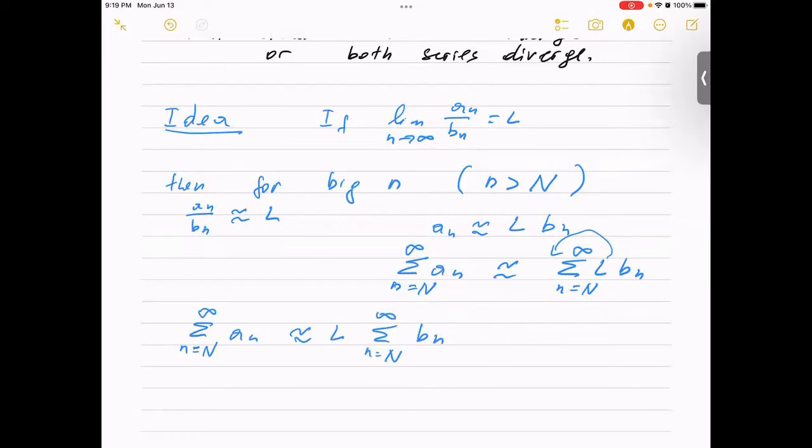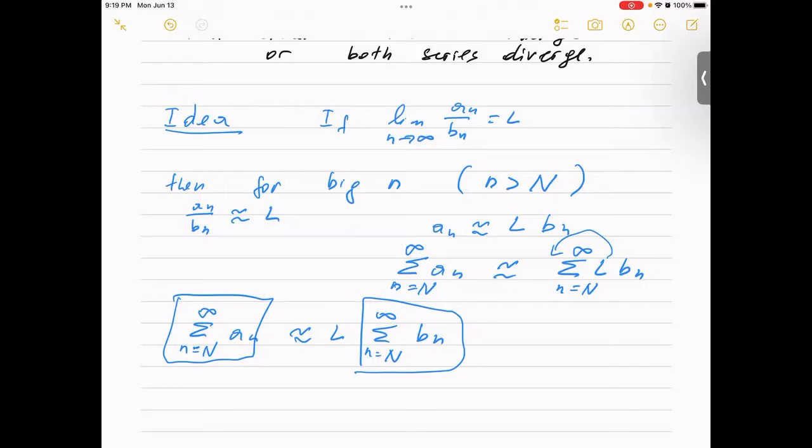From here, you can easily see that if the infinite series of a_n is infinite, then L times the series of b_n is infinite, so the series of b_n has to be infinite too, because L is a finite number and L is not 0.